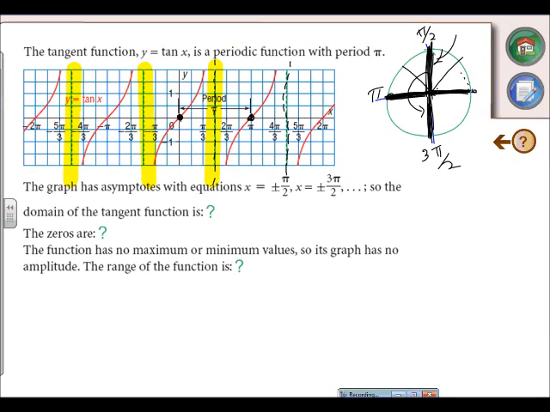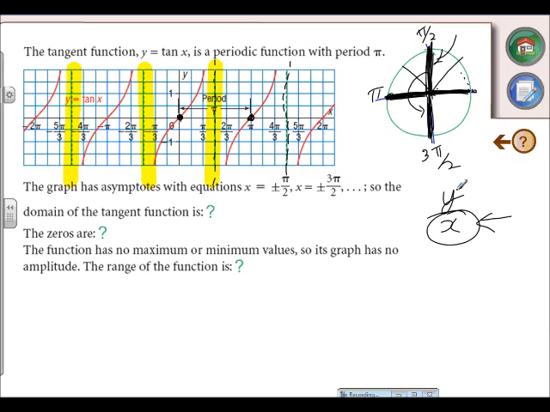Now the tangent function doesn't have the domain like the other two, where it's any value. You cannot find the tangent of every single angle. The reason, again, is tan is y over x. Any place that the x is 0, you're dividing by 0. No graph there, asymptote.